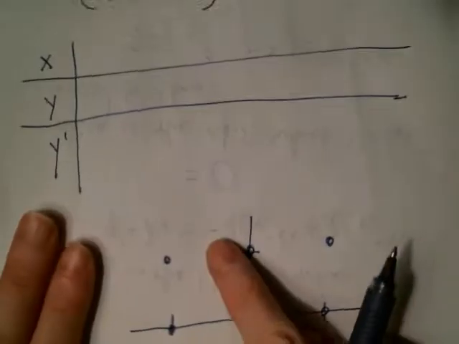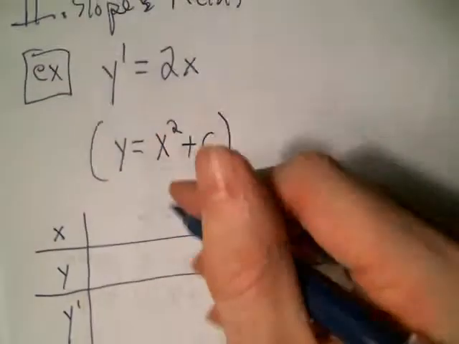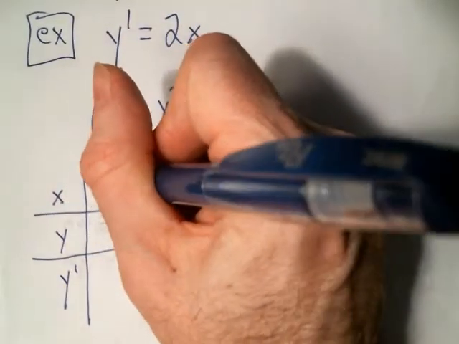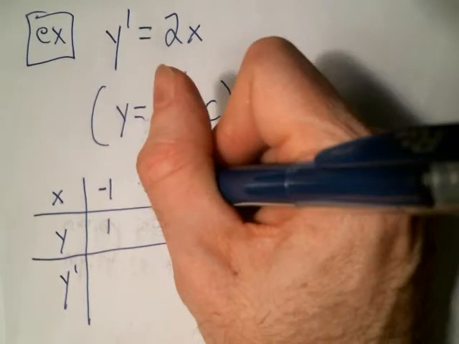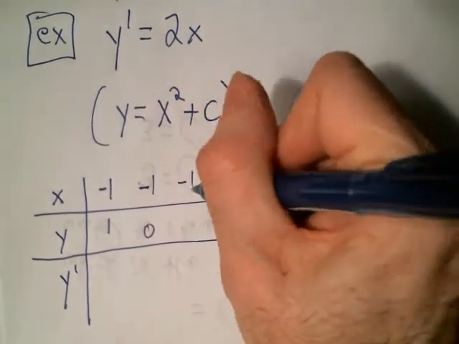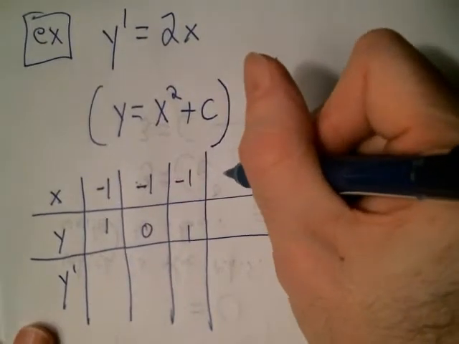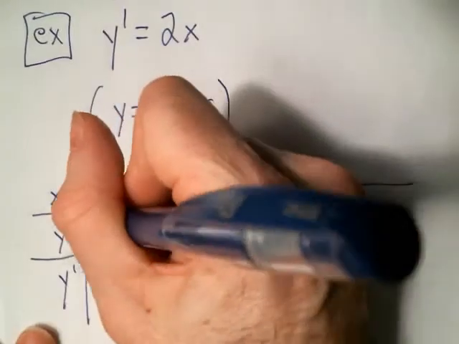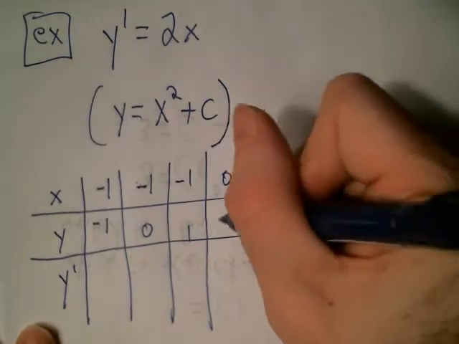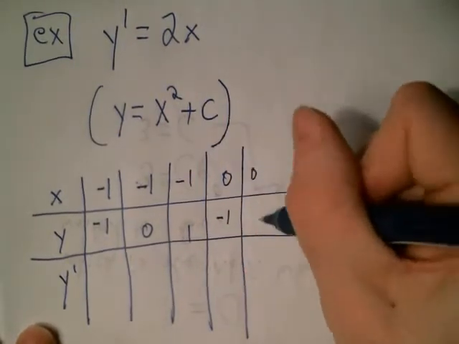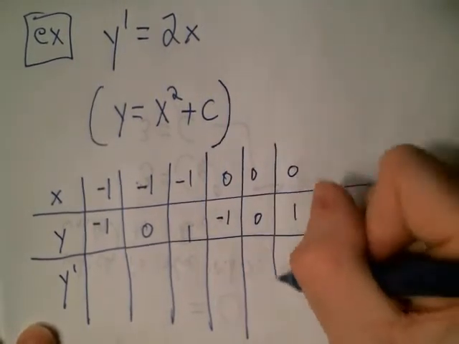For these 3 points, the coordinates are (-1, 1), (-1, 0), (-1, -1). And then for the next 3 points, (0, 1), (0, 0), (0, -1).